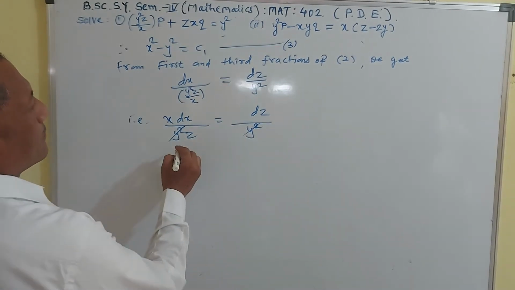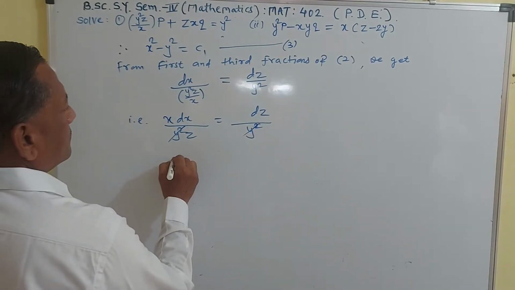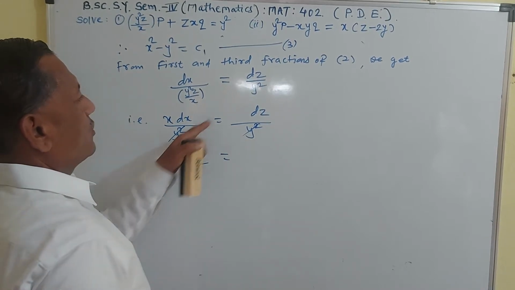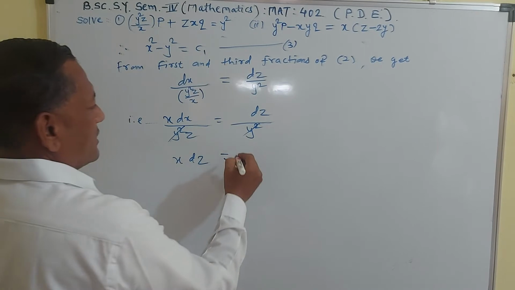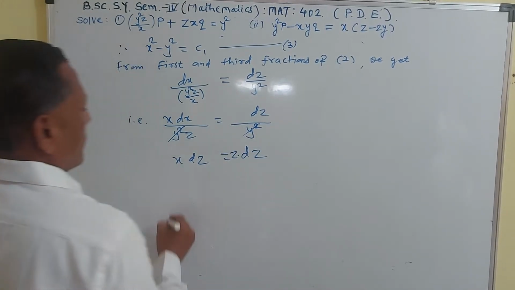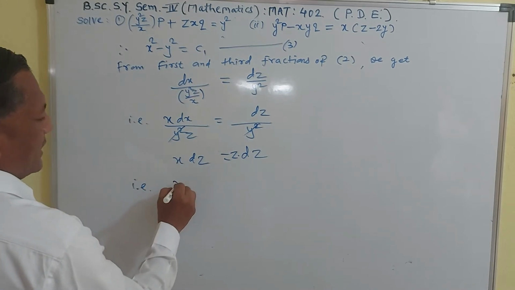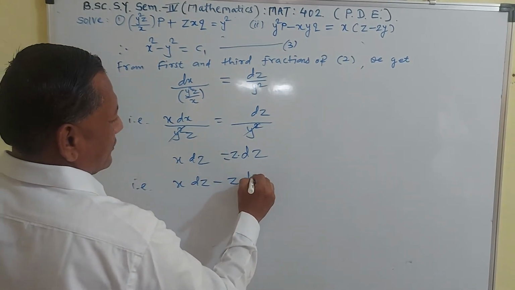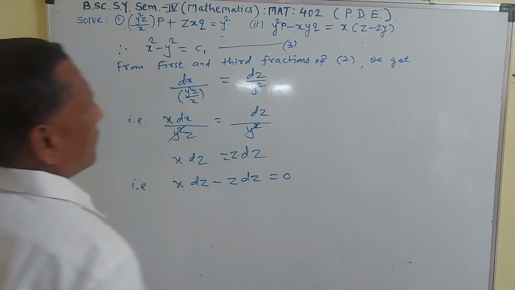So what is remaining? x dx upon z is equal to dz, and with z going to cross multiplication, x dx is equal to z dz. Again this can be written as x dx minus z dz is equal to 0.